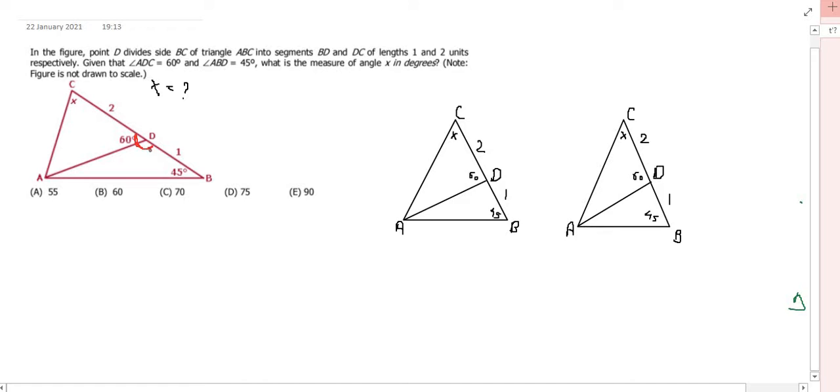If this angle is 60 degrees, this angle is going to be 180 minus 60, that is 120 degrees.